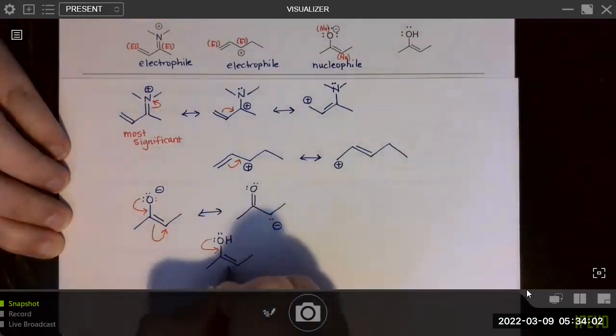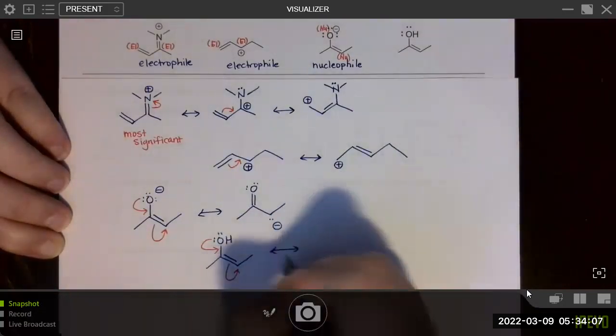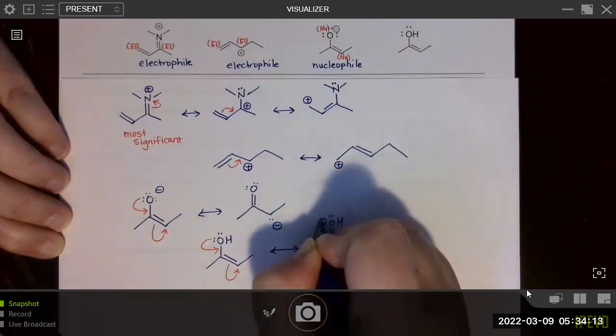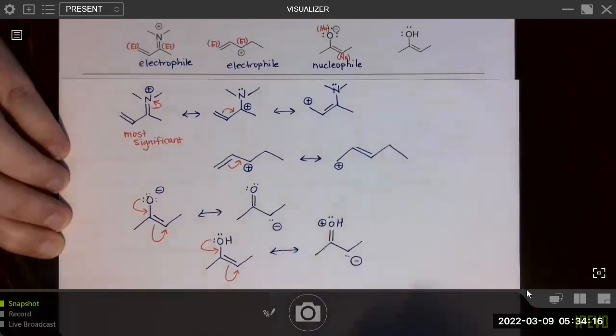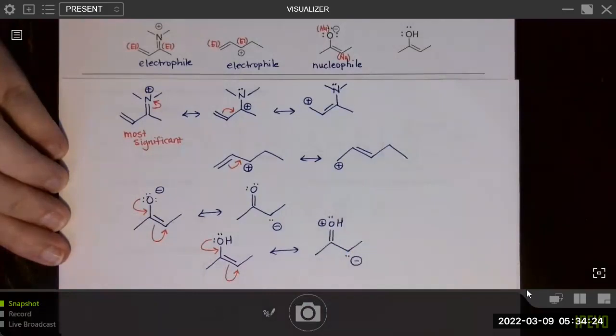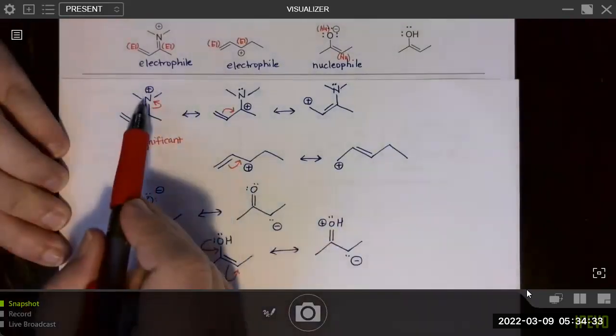So we're still going to do the same pattern, the allylic lone pair pattern. Right, and so that actually shows us that there's a partial positive charge on the oxygen and a partial negative charge here.